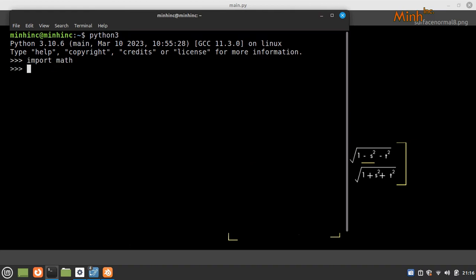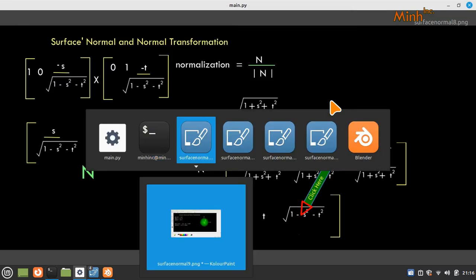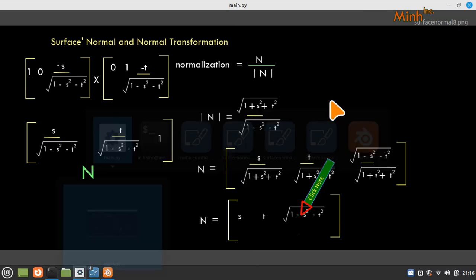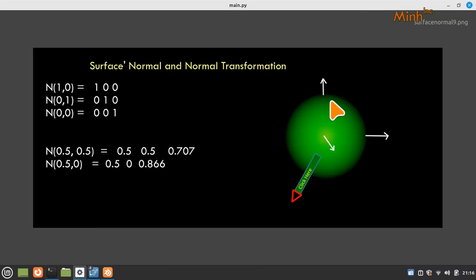Import math, dot square root, 1 minus 0.5 into 0.5, 0.866. So if we are on x-axis, then z will be more.